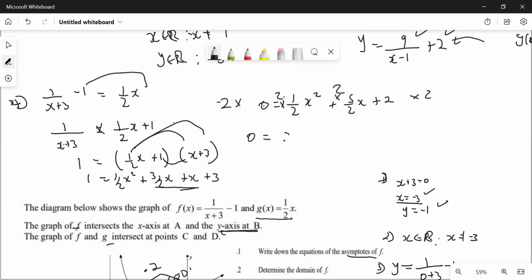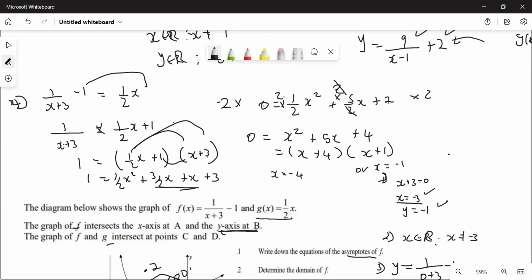This one and this one give me x squared. This 2 and this 2 are going to divide each other, and I'm left with 5x. This one and this one give me plus 4. Then I am going to be able to put it inside the bracket. It's x plus 4, x plus 1. It says x is going to be minus 4, or x is going to be minus 1.